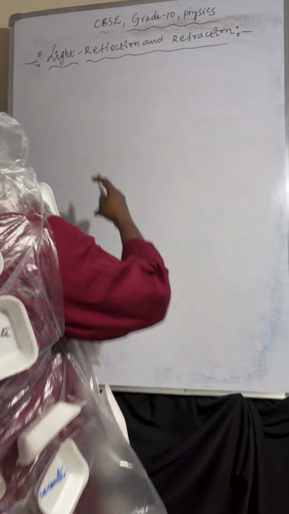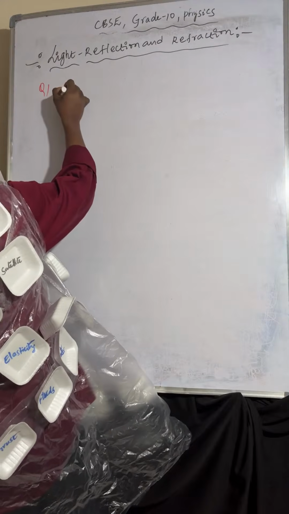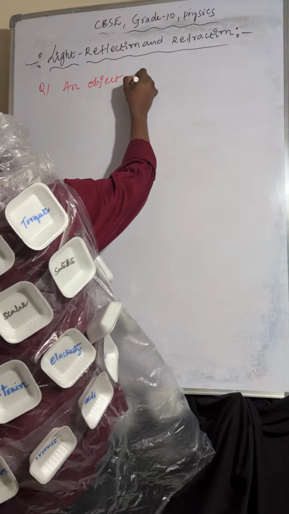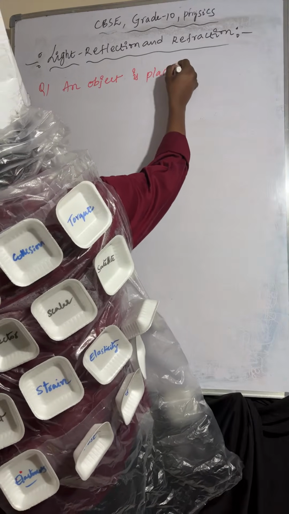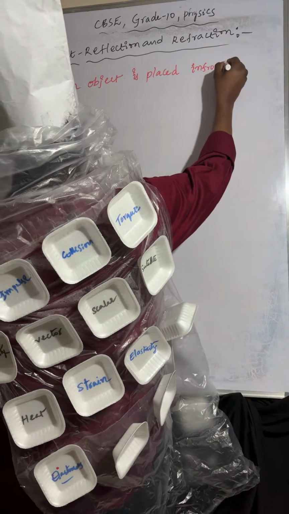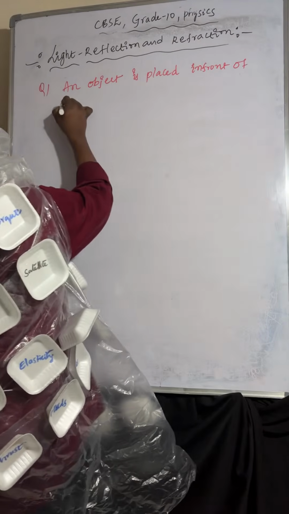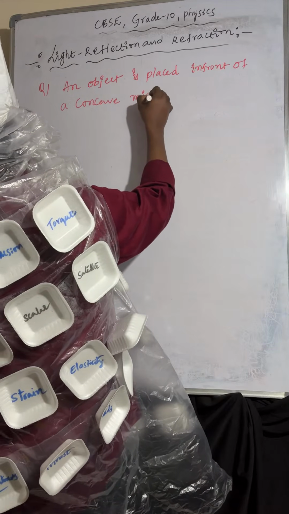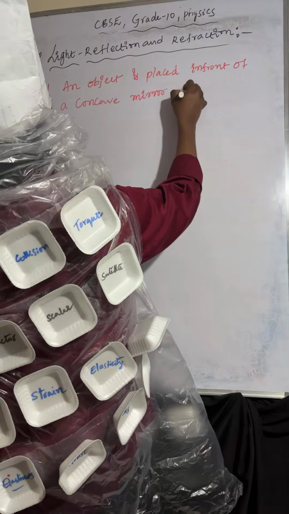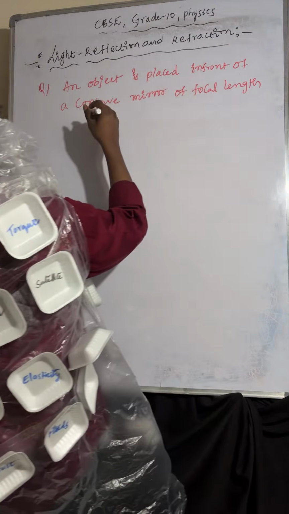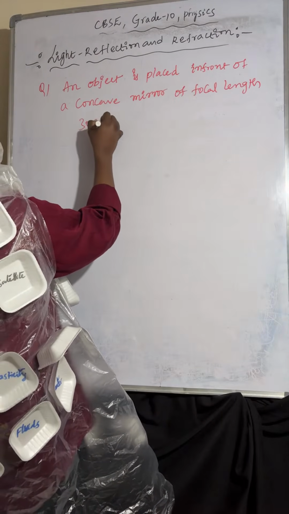Question: an object is placed in front of a concave mirror of focal length 30 centimeter.